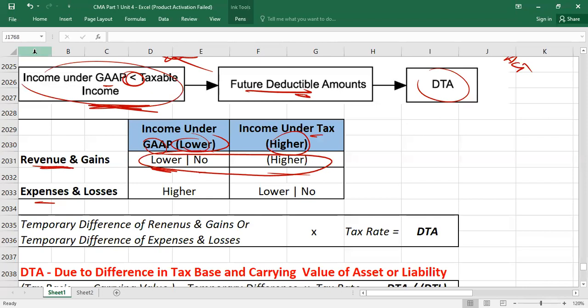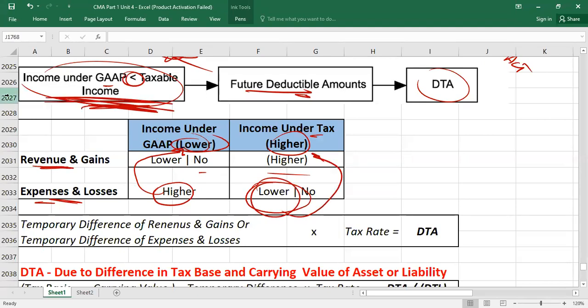GAAP income will be less than taxable income. Or if the data is relevant to expenses, expense would be higher under GAAP and lower or no expense under tax. Higher expense means lower income, and lower expense means higher income, right? Again, this scenario will arise.